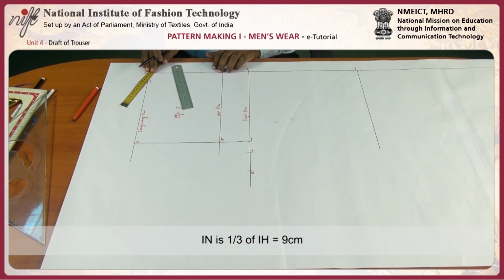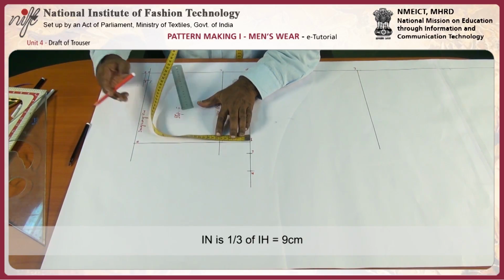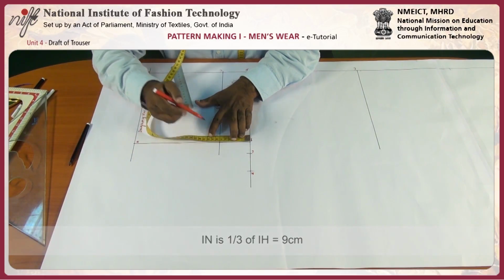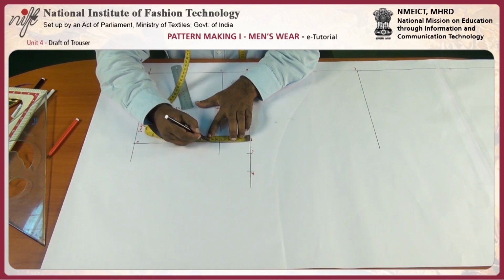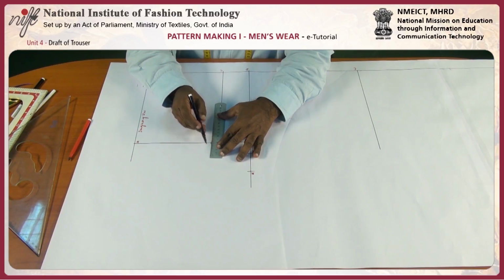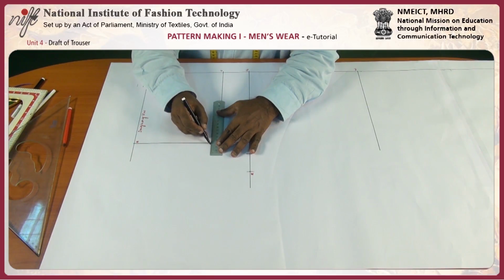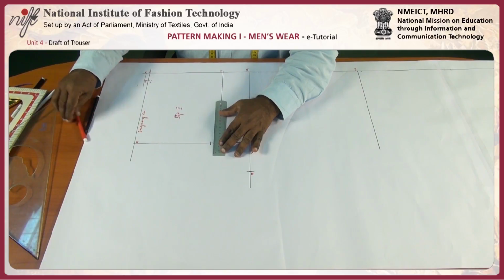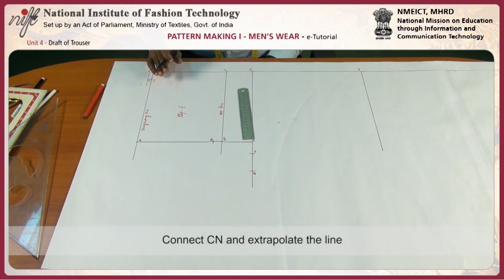IN is 1/3 of IH, which is 9 centimeter. Connect CN and exfoliate the line.